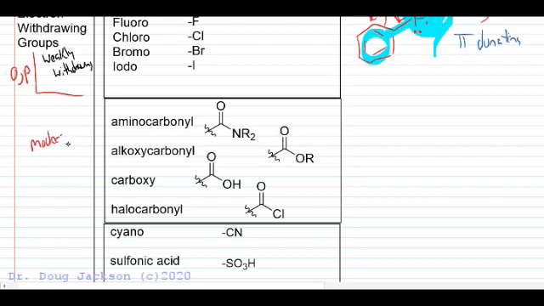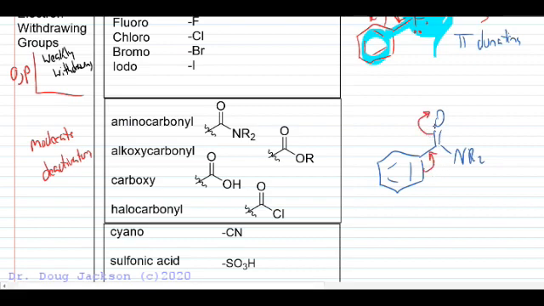And the difference is now the pi bond is lined up to the benzene system so that instead of being nitrogen or oxygen first, we have the carbonyl first, so the net is to withdraw toward that oxygen.